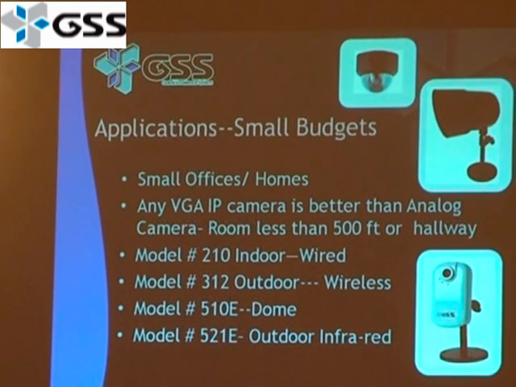So if you need an outdoor infrared camera, we have IP outdoor infrared cameras, IP domes, all these models here. So let's say for a room like this room, like 500 or 600 square feet, you can just use any VGA camera. The picture quality will be much better than any of the 540 TV lines, 600 TV lines analog cameras. And the installer's cost is probably the same, but you give the customer much better picture quality.